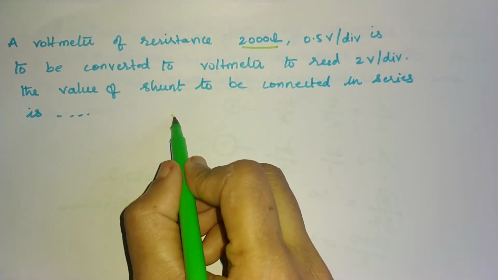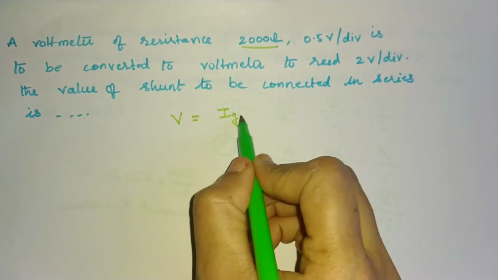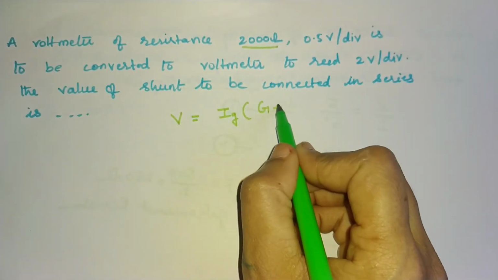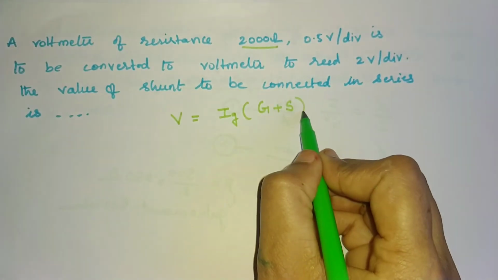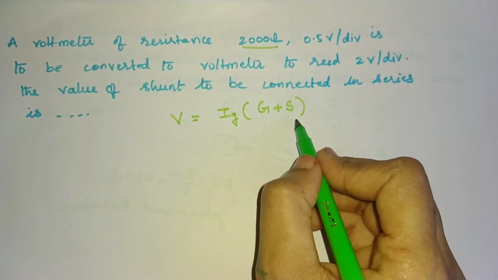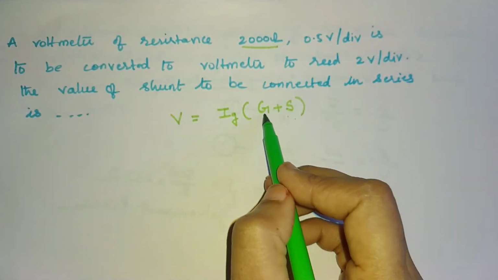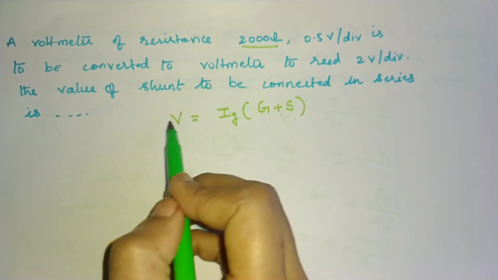So we know whenever we are converting a galvanometer into a voltmeter, we write the voltage as Ig into (G plus S), where S is the shunt which we are going to add in series. So I will write this equation twice. The first time, the total resistance, that means G plus S, was 2000.